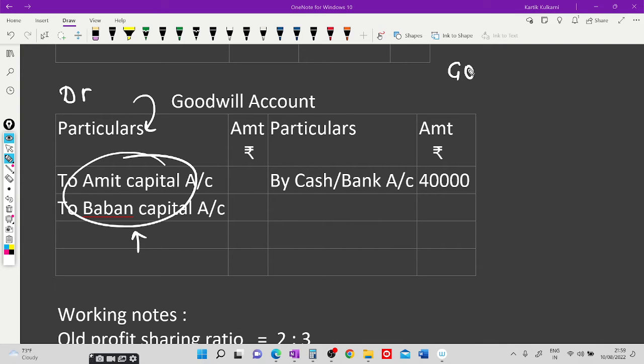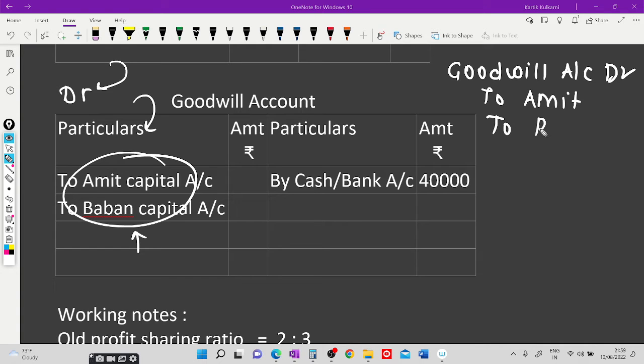So goodwill account debit, hence we have debited the goodwill account here to Amit and to Baban. So these two corresponding credits are written here in the particulars column.